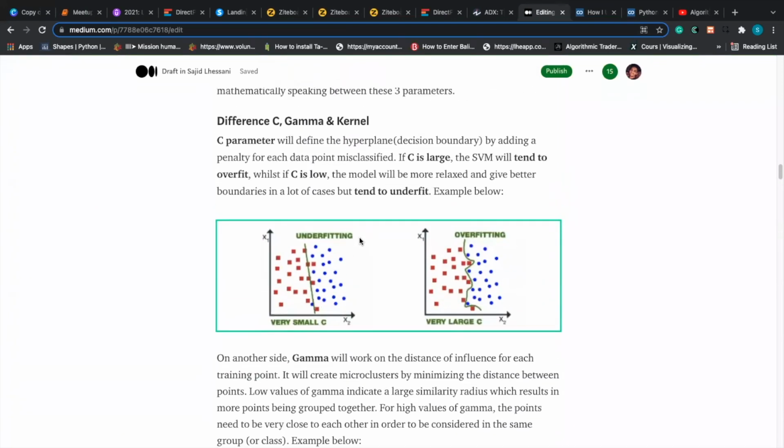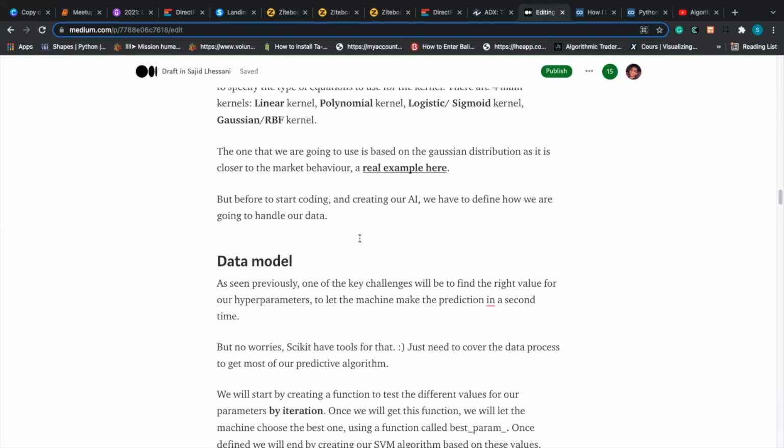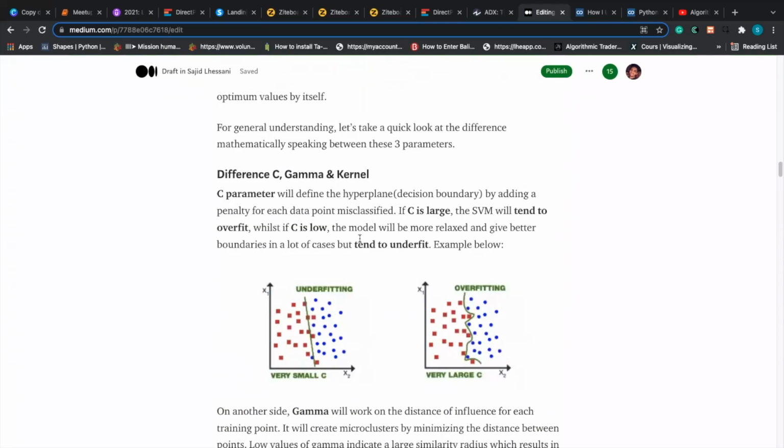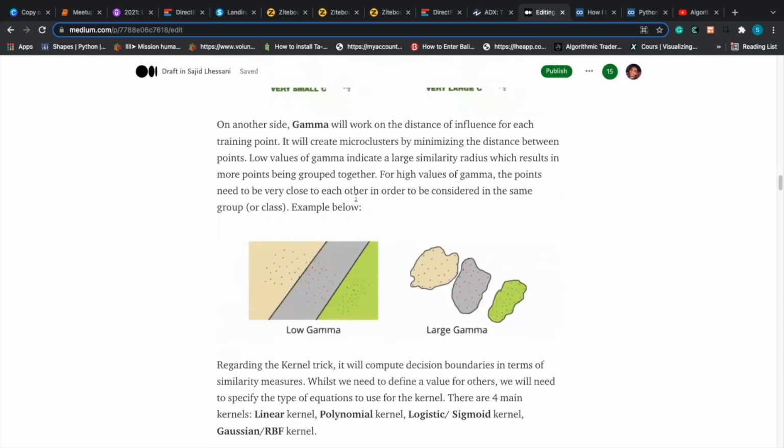Essentially, that's something we are going to cover next week. You have 4 main hyperparameters: C, gamma, and kernel, and each hyperparameter clusters in different ways.